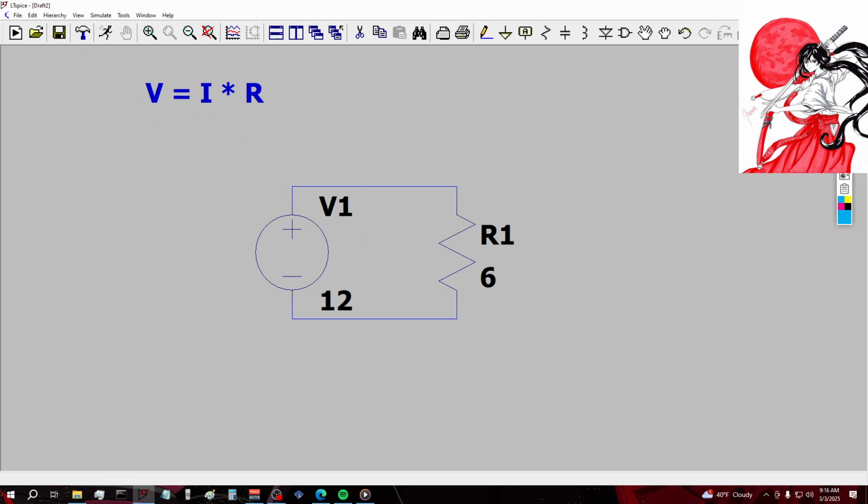If we look at this equation, we see that our voltage in this circuit is 12 volts. That's our total voltage in this circuit. So that would be filled in for V, and if we look at R, which is resistance, do we know the resistance in this circuit? Yes, we do. The resistance in the circuit is 6 ohms, right? So we're gonna add 6 ohms to that R.